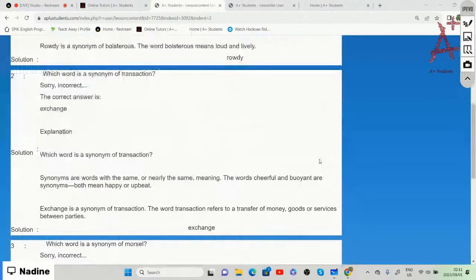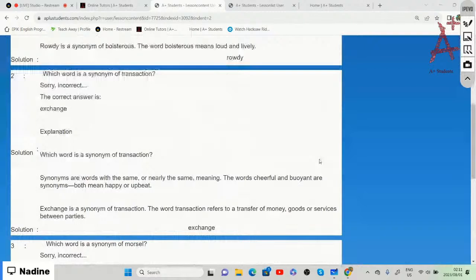What is the synonym of transaction? Another word for transaction is exchange. So transaction is an exchange.